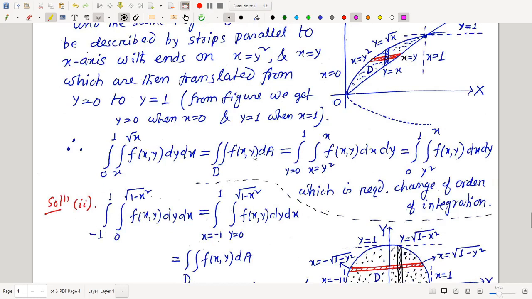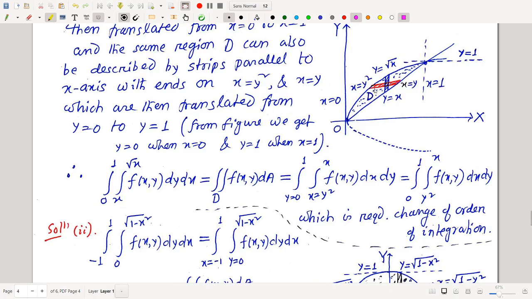Already we have written that. Now this double integral we can write as repeated integrals, first integrating along the horizontal strip, from x equal to y squared to x equal to y. Correction: it is not x, it should be y. So one end is x equal to y square, and the other end is x equal to y, and then y equal to 0 to y equal to 1.